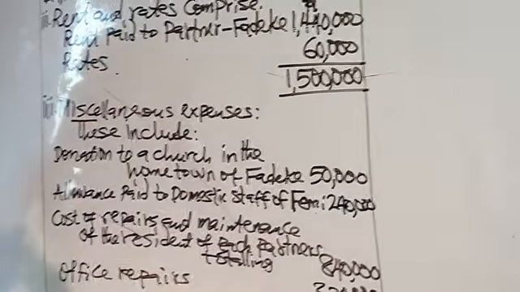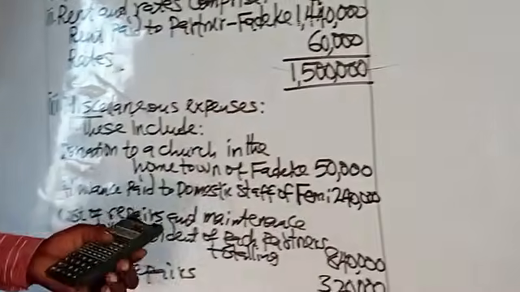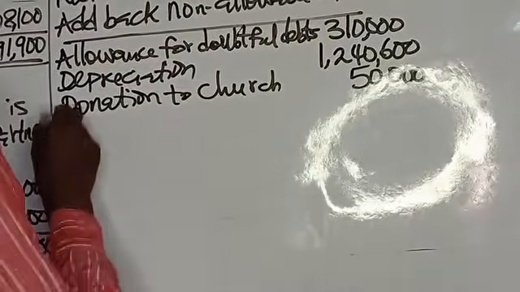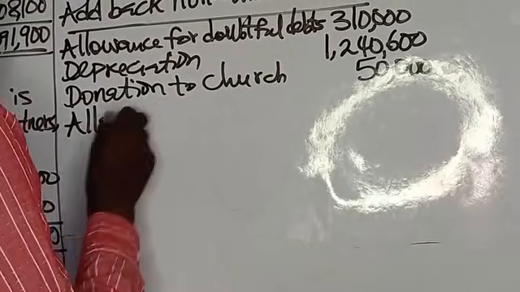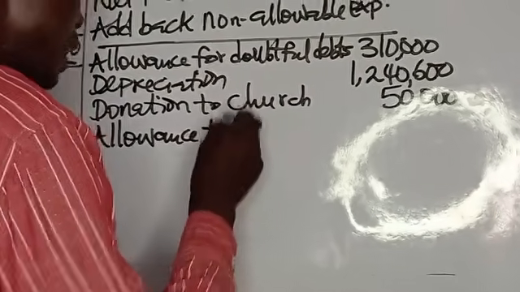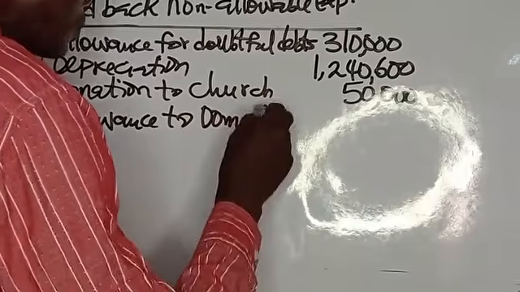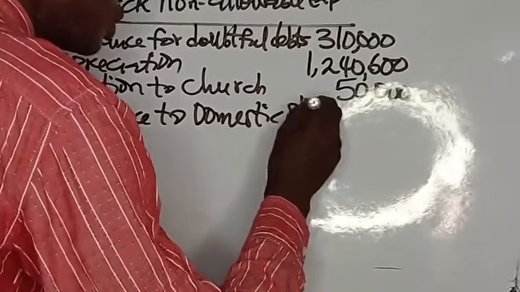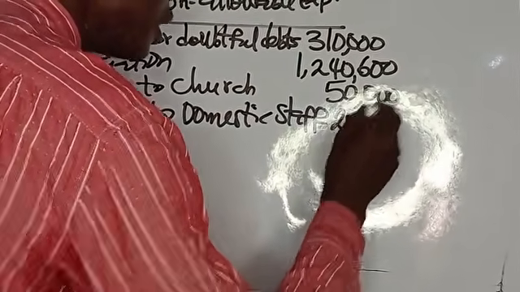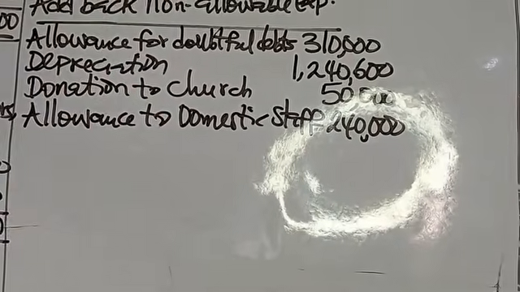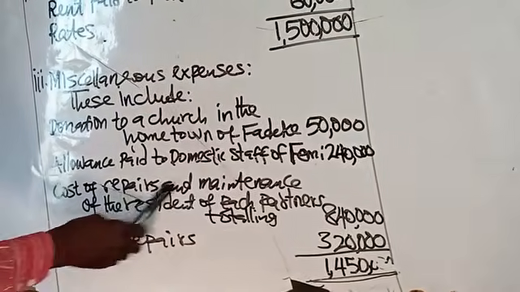This is just like drawings. It's not allowable. So allowance to domestic staff, 240,000 naira.